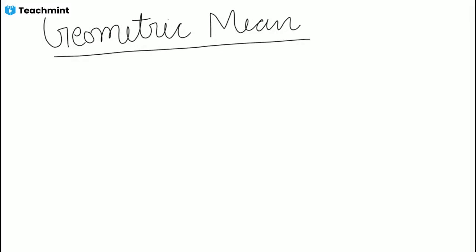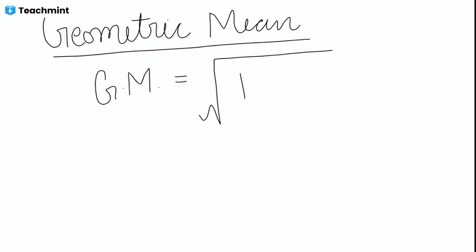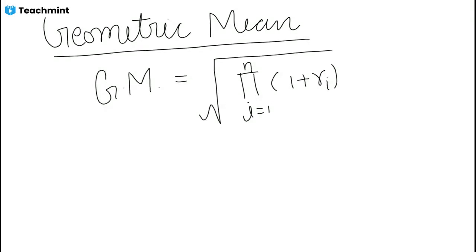In short, we write GM is equal to the root of pi, i equal to 1 up to n, of 1 plus ri.